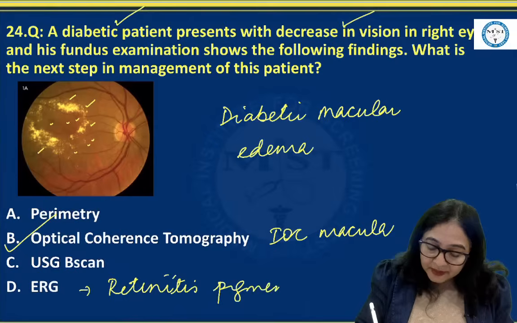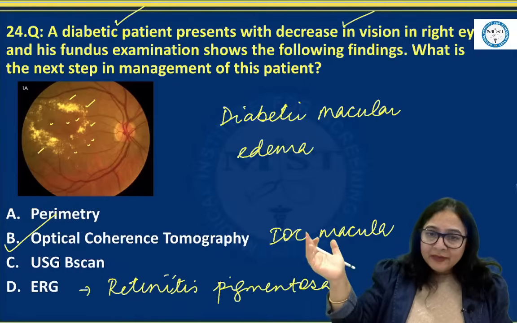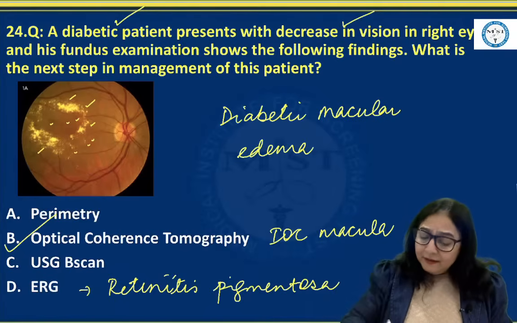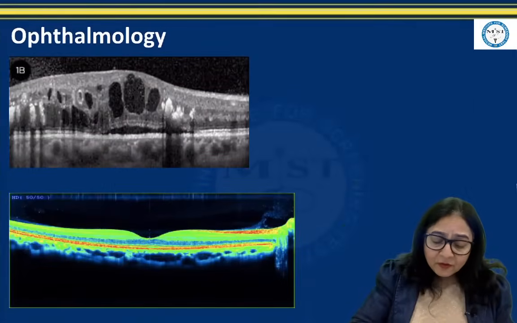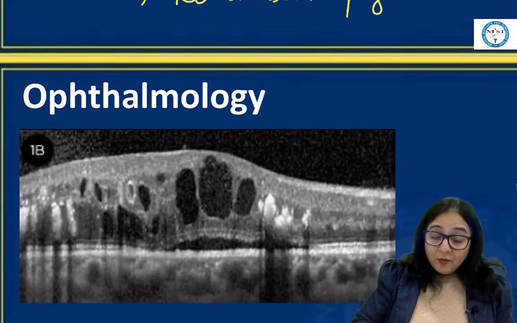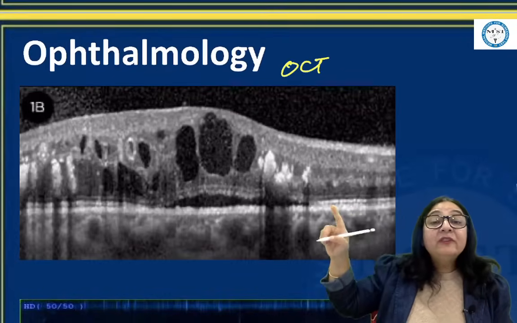So optical coherence tomography is the one which you want to do for diabetic macular edema, age-related macular degeneration, CSR, so all diseases of the macula. So this will be the OCT or optical coherence tomography in the patient which we just saw.